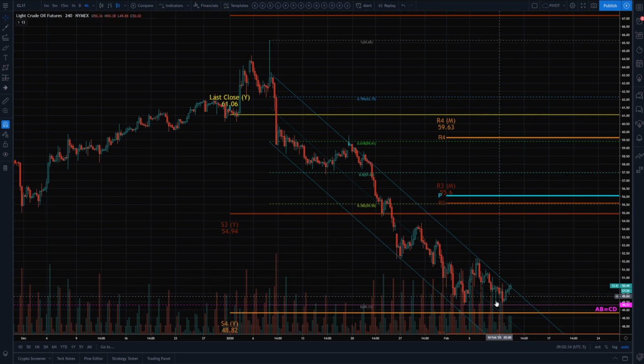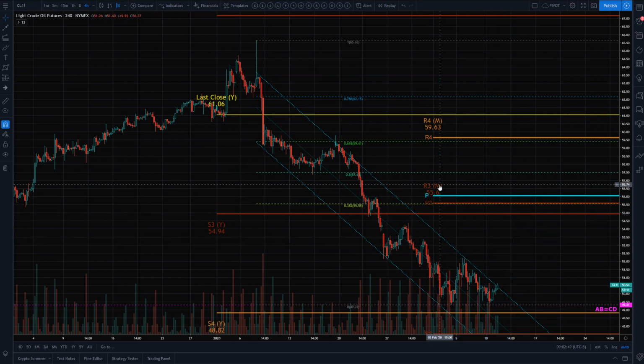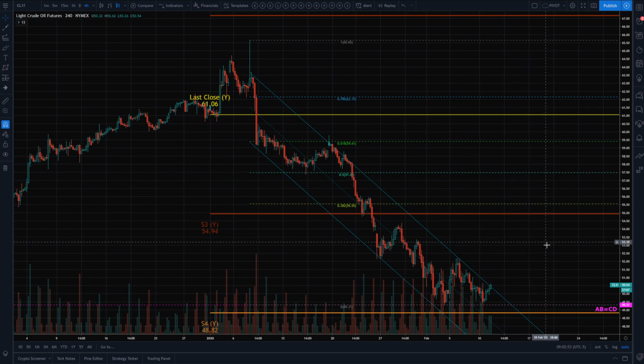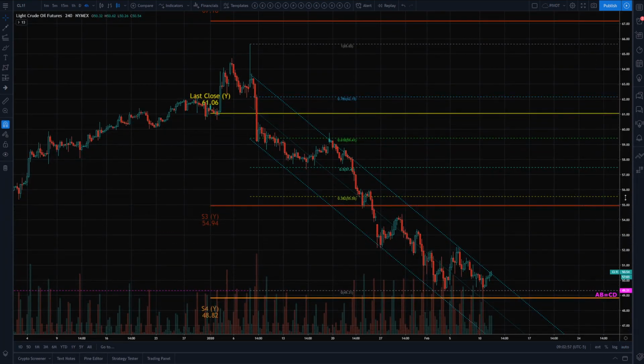So just right around here is where I was diving into the mini QM contracts, trying to get a good position, and I'm just going to let this ride. My target is 55, and the reason why it's 55 is because I am a huge fan of these Camarilla pivots, and we've had like an 18% decline already this year in oil.